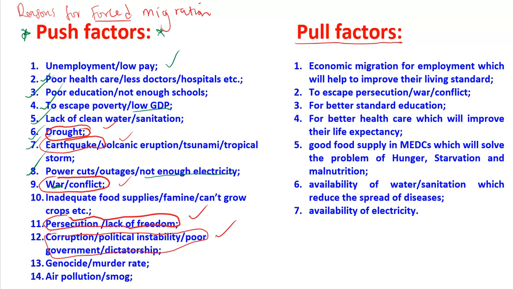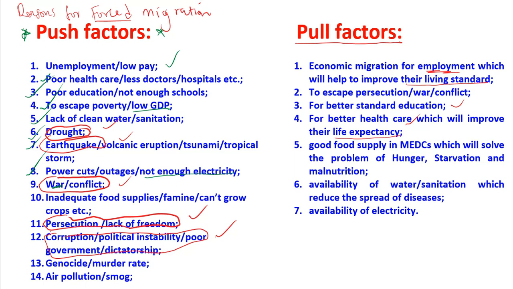First, we have economic migration for employment, so people move to get a better job, which helps to improve their standard of living. Next is to escape persecution, war and conflict, so they go to a safer zone. For better standard of education in the destination region, and better healthcare services, which help to improve their life expectancy.